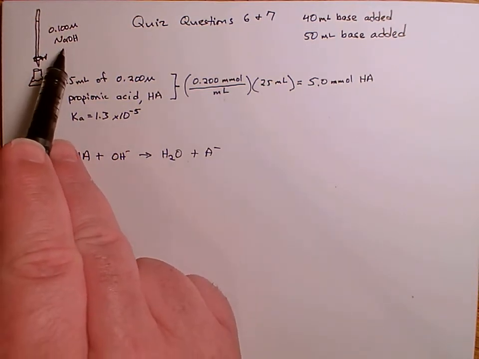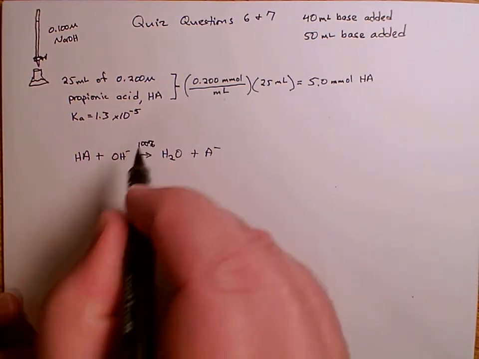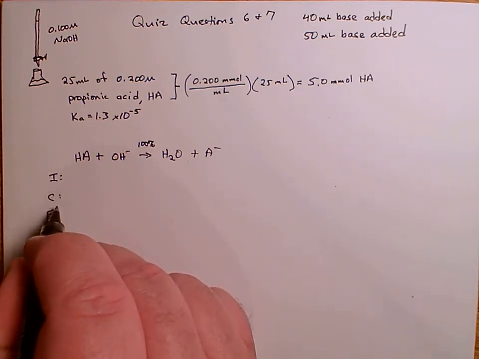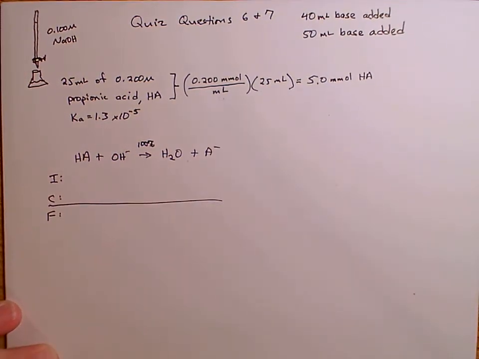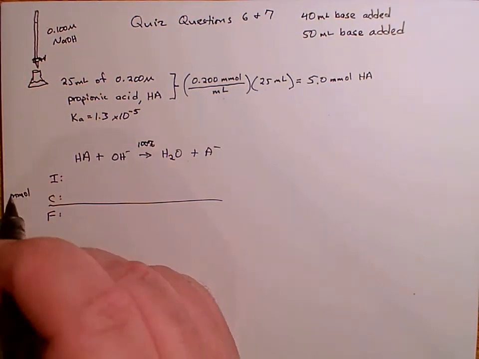And since this is strong base weak acid, we know this is a 100% reaction, so I need an ICF table down here. And recall these need to be in units of moles or millimoles.